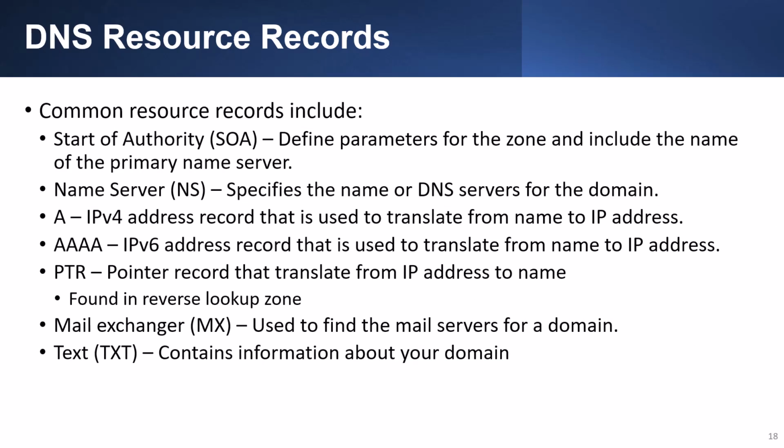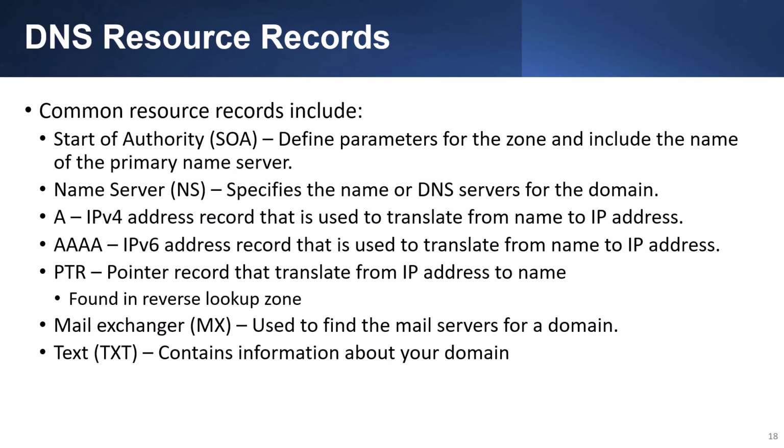Common resource records include the following. The start of authority, or SOA record, defines parameters for the zone, including the name of the primary name server. The name server, or NS record, specifies the name of the DNS servers for the domain. A is the IP version 4 address record that is used to translate from name to IP address.